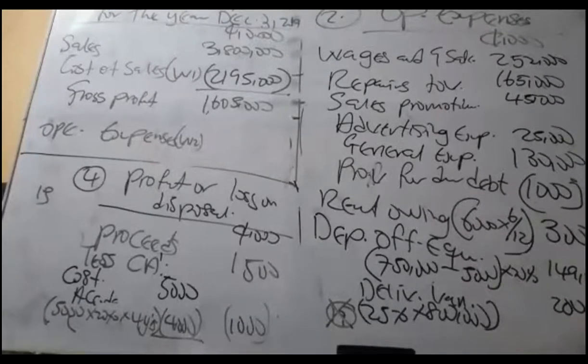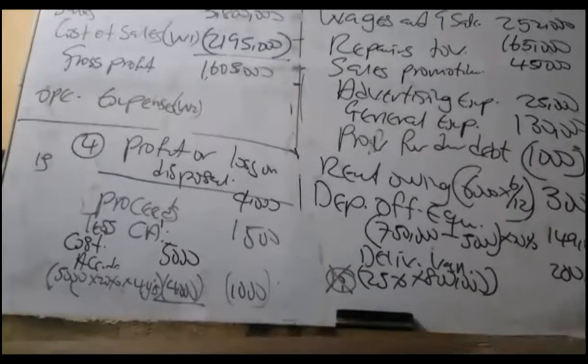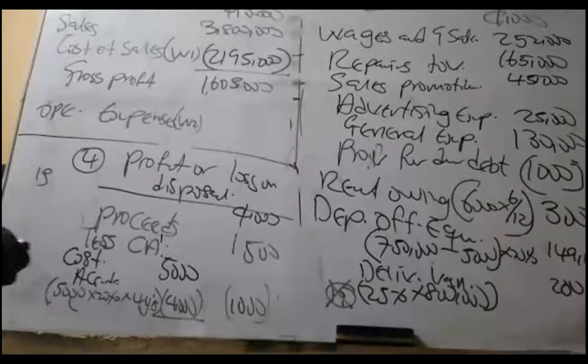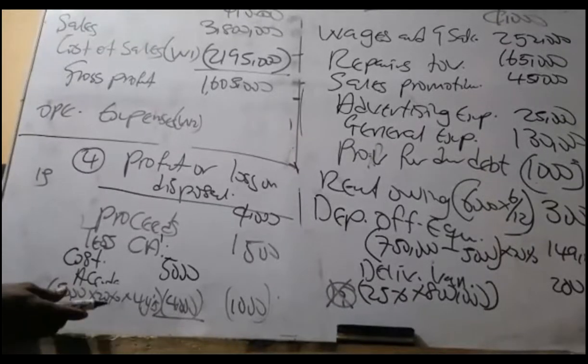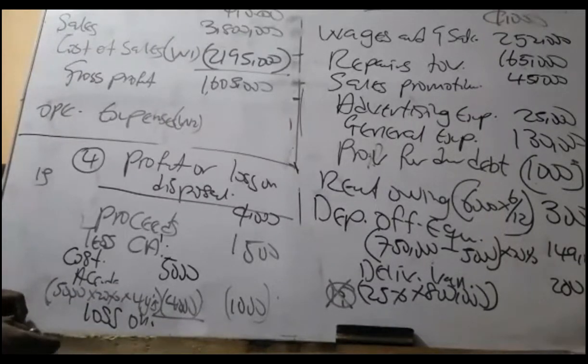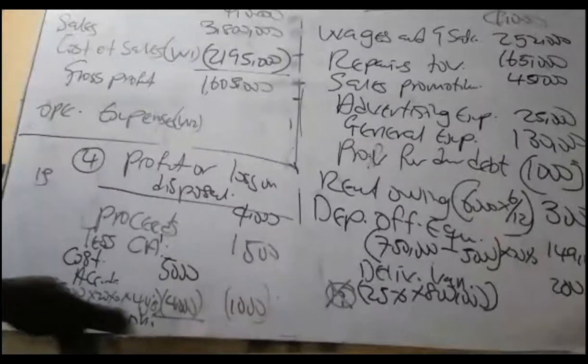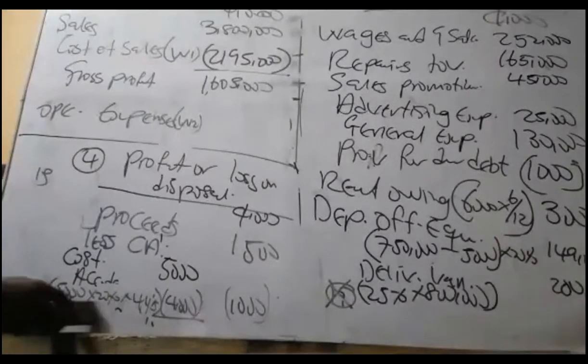Okay, so once there's a profit, let me find somewhere to write. So let's write here loss on disposal. Sorry, it's not a loss, it should be profit on disposal.